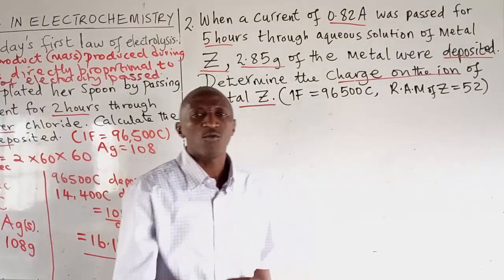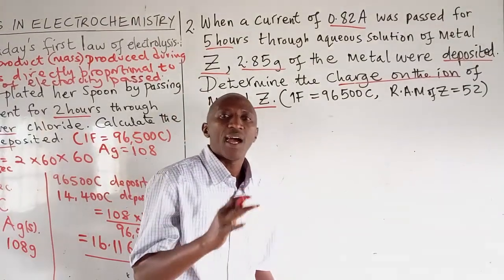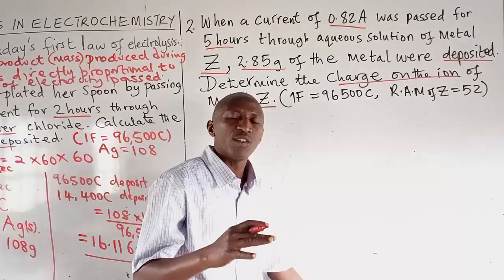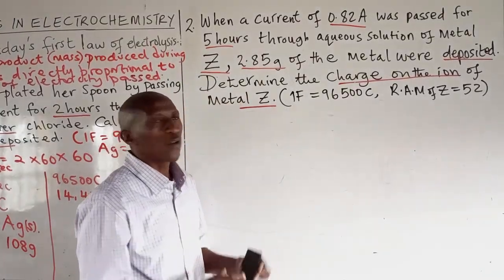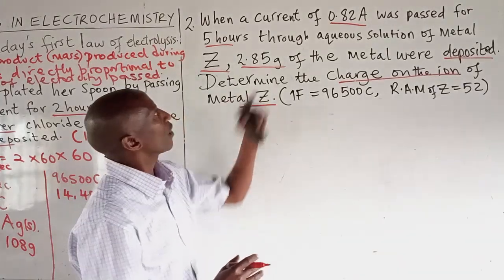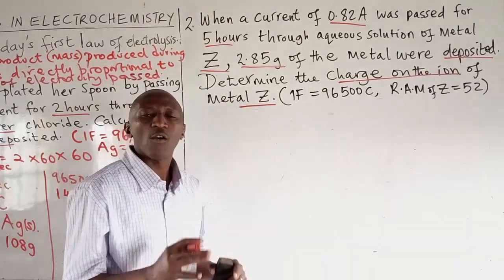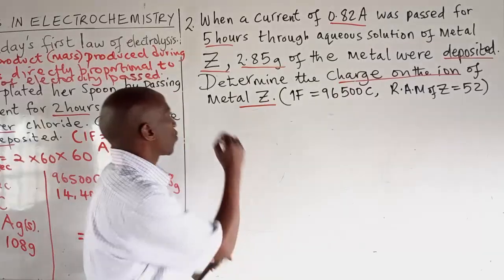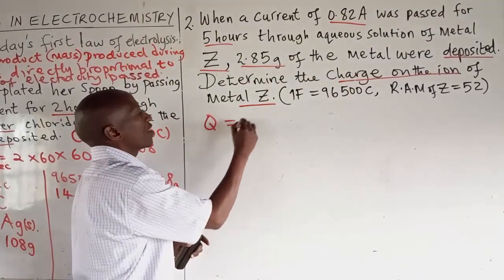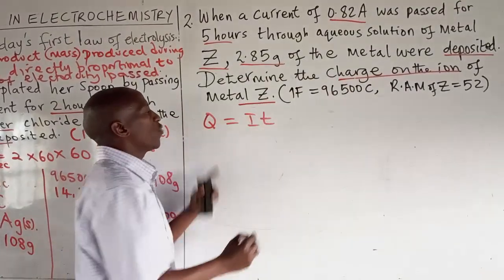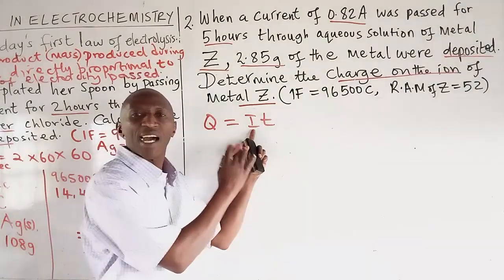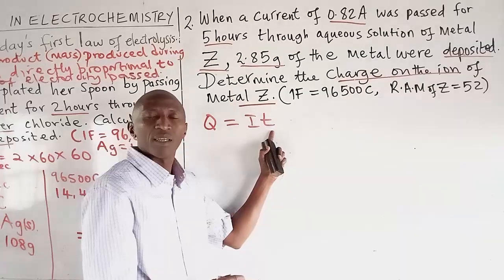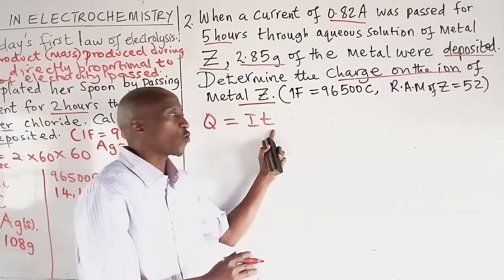So how do we tackle this question? We have the freedom to tackle it from very many perspectives. First, we may determine the quantity of electricity passed. So we can have Q is equal to IT. The quantity of charge passed is directly proportional to the current multiplied by the time that current passed through.